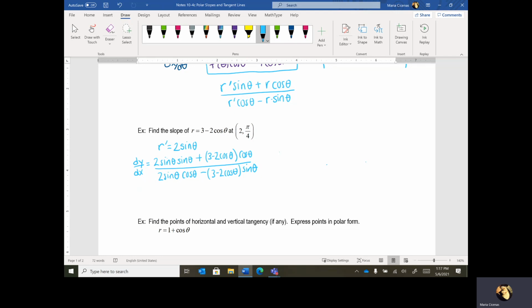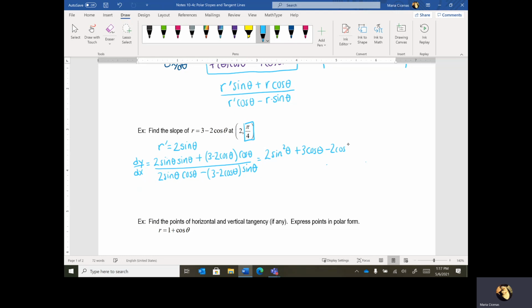Now, I guess since it's asking me to evaluate, you could go ahead and just make the substitution for theta. Or you could simplify it a little bit first. That's entirely up to you, right? No big deal. Whatever you think is easiest.